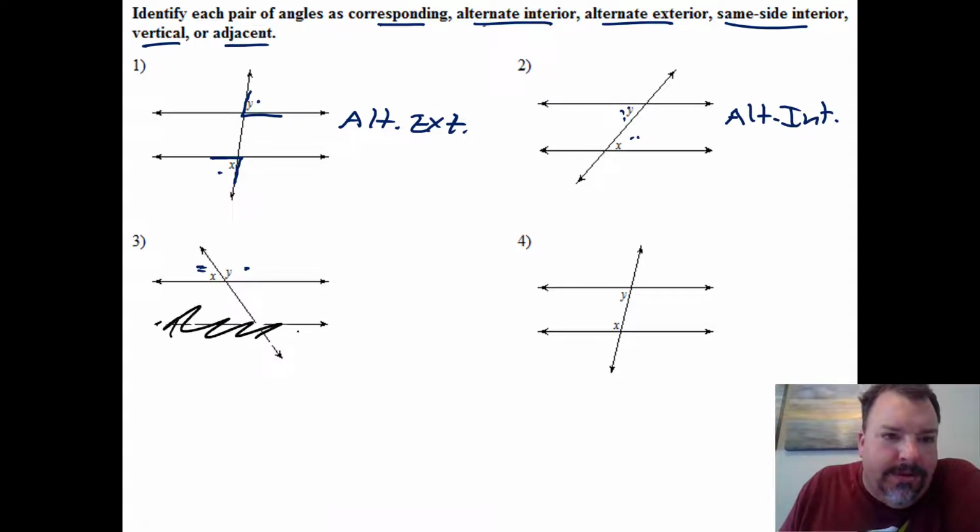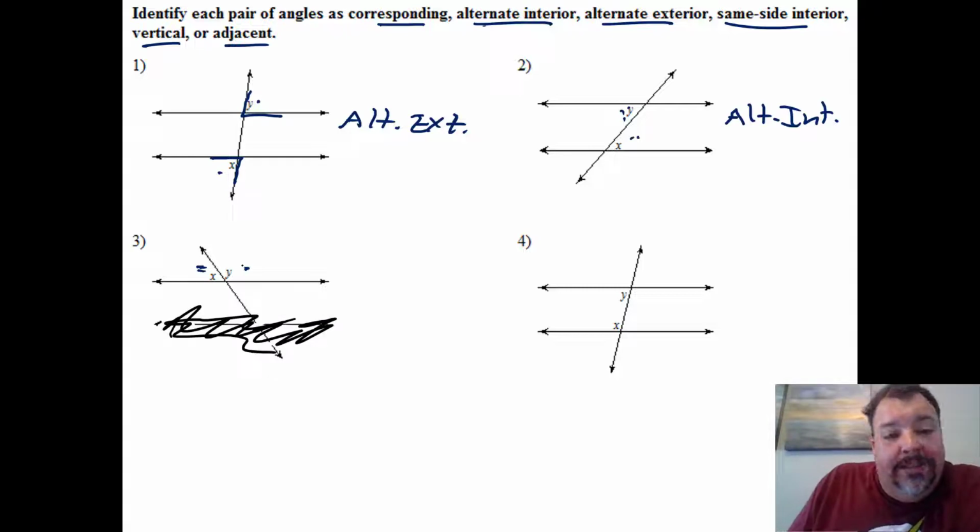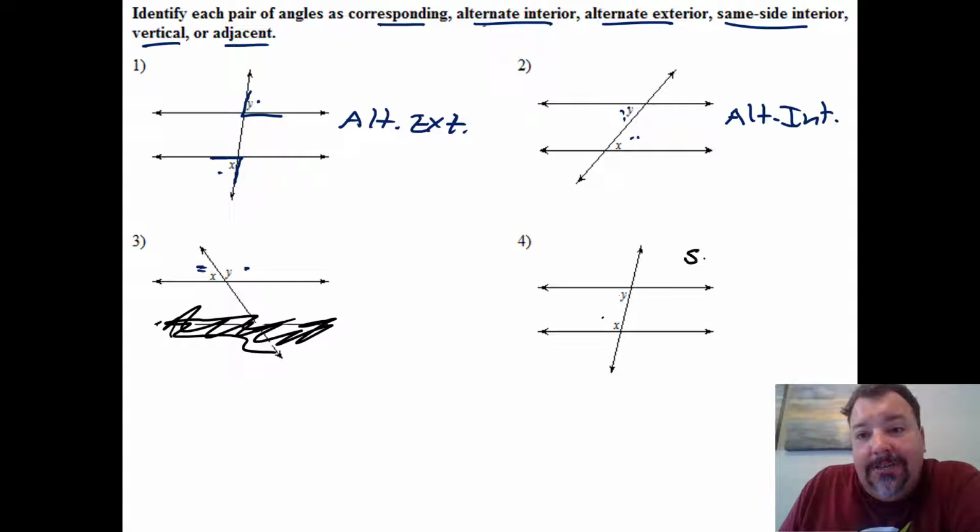I don't need this line down here. So this relationship here doesn't depend on the parallel lines. These two are adjacent, or even better yet, we could say that they are supplementary, or they're a linear pair. And then for number 4, these two are interior, and they're on the same side. So this would make them same side interior angles.